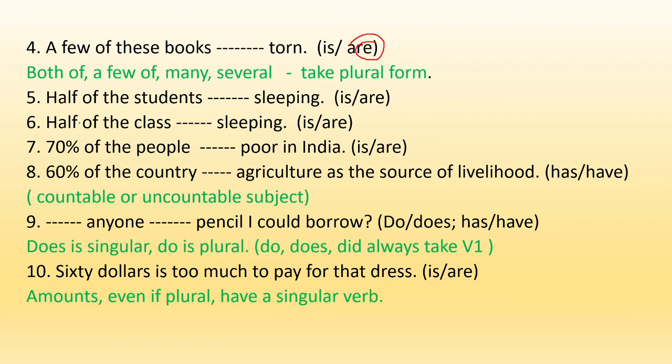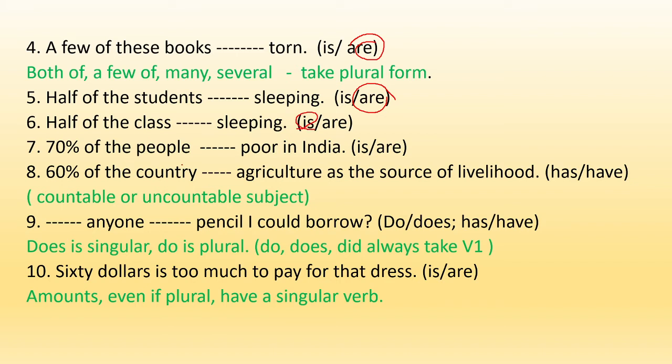Now next, half of the students dash sleeping. In this case, you have to identify the subject, whether the subject is countable or uncountable. So the thumb rule, you remember, you have to look for the subject. Now in this case, half of the students are countable. So we are using are, a plural verb. Half of the class. Now here class is not countable. So half of the class is sleeping.